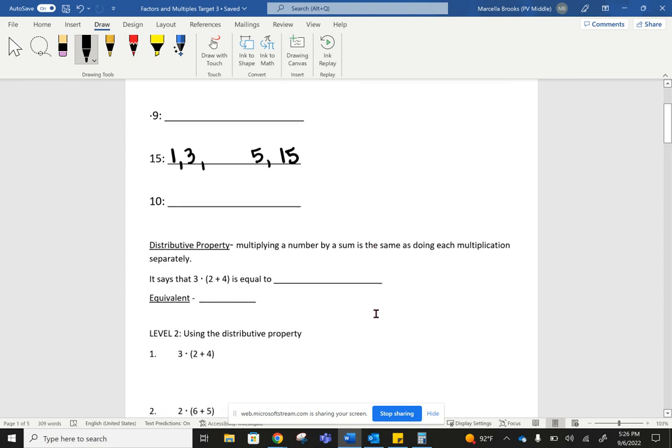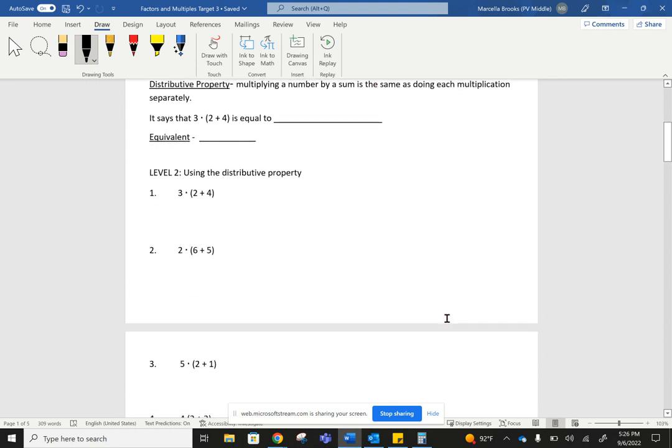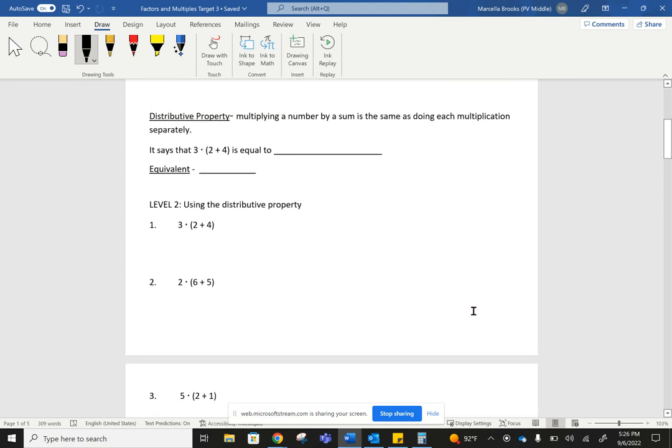And then show me. Okay, so today we are going to be discussing the distributive property. That is when you multiply a number by a sum. Multiplying a number by a sum is the same as doing each multiplication separately. Remember this little dot? That means multiplication.